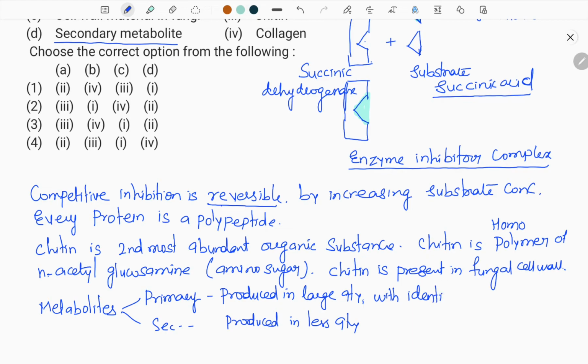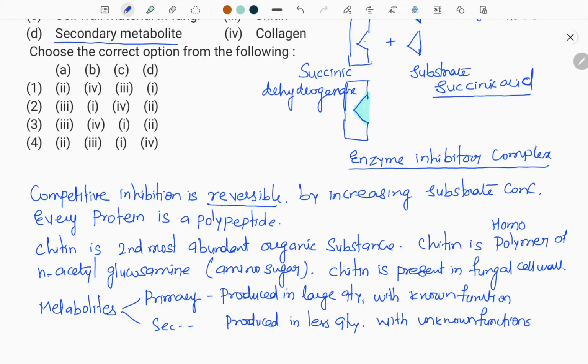They are with a known function. Simply speaking, they are with known function. Secondary metabolites are those with unknown function, that they don't have identifiable functions.